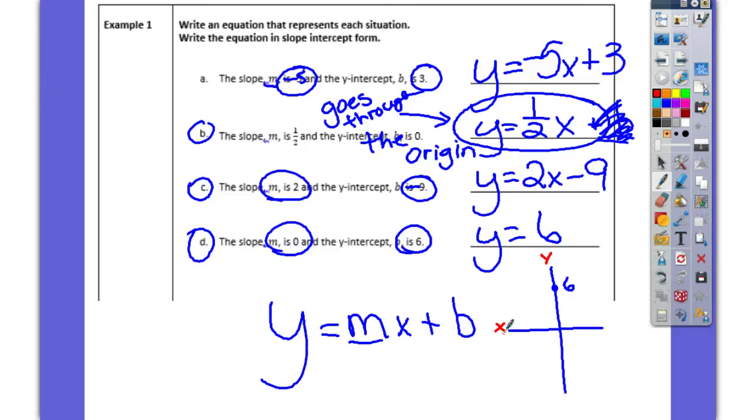Horizontal. Right, the y, we cut the y-axis right here at the 6. That's what that line would look like. Because what kind of a slope does that have? We don't write 0x. So what kind of a slope does this have? 0. A 0 slope.